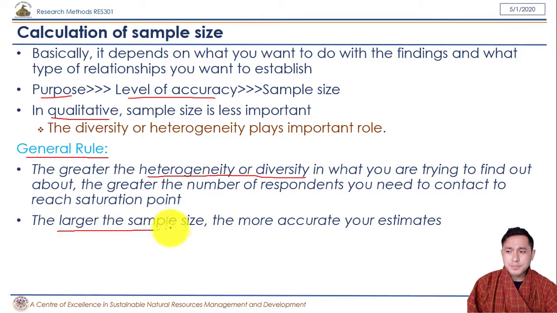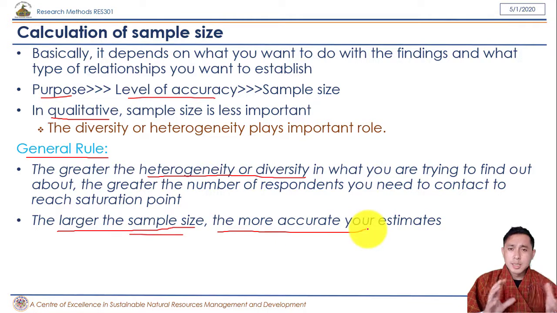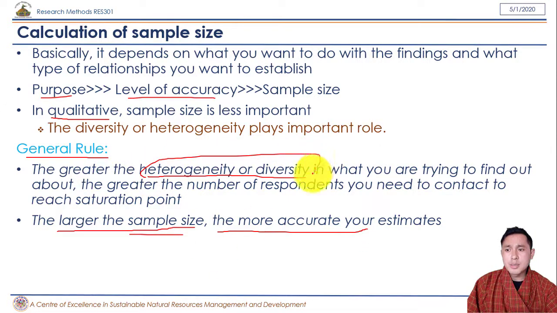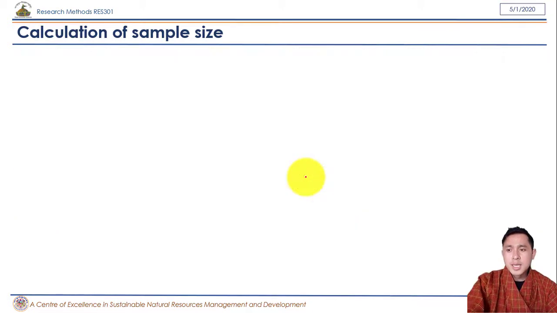But in case you are choosing more or larger sample size, please note that your accuracy will also be high, or in other words, they will be more accurate. Larger the sample size, higher the accuracy, and the more diverse the population, the higher number of samples that you need to take.